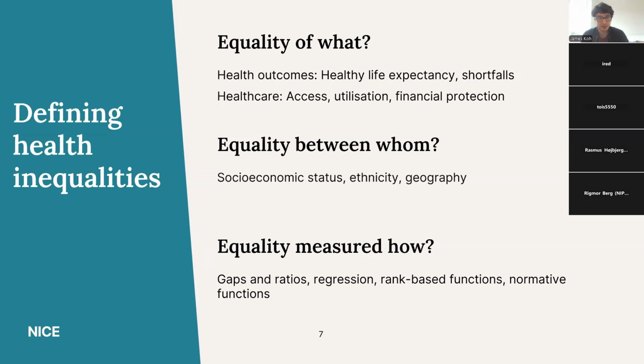So that's equality of what? We could be thinking directly about health outcomes, so things like life expectancy or healthy life expectancy. Could be healthcare related outcomes, so access to care, utilization of care. Financial protection is one that we'd see more in a global health setting, but is really, really important there. And the second question, equality between whom.